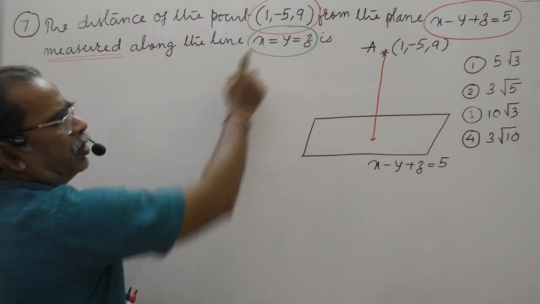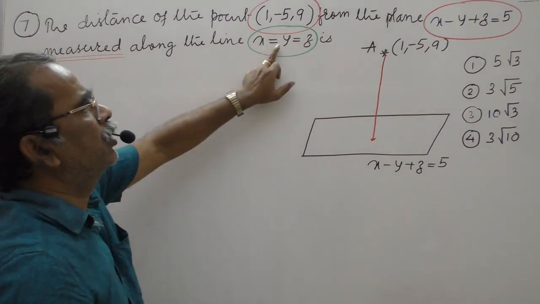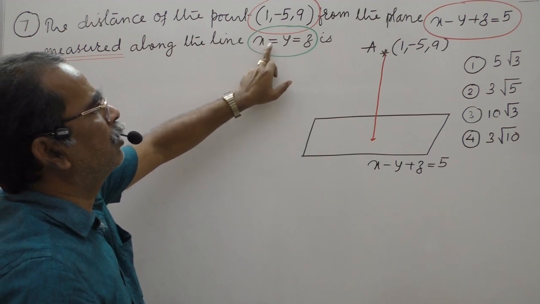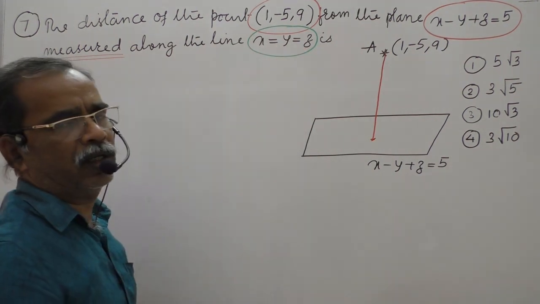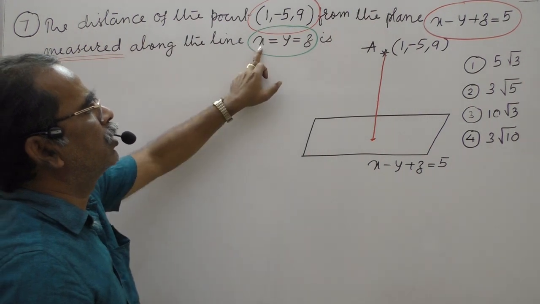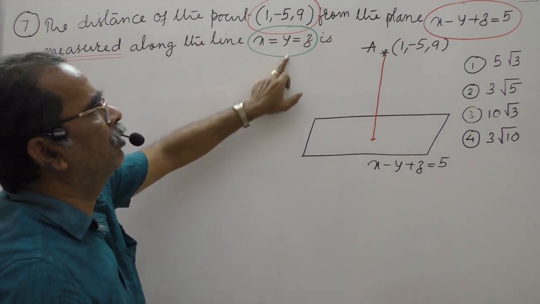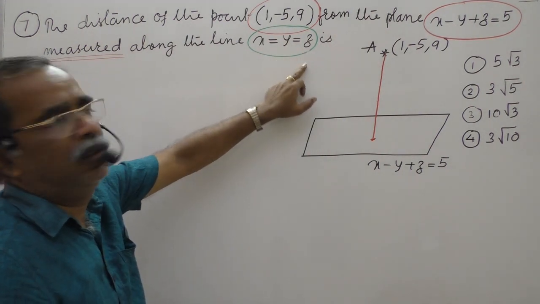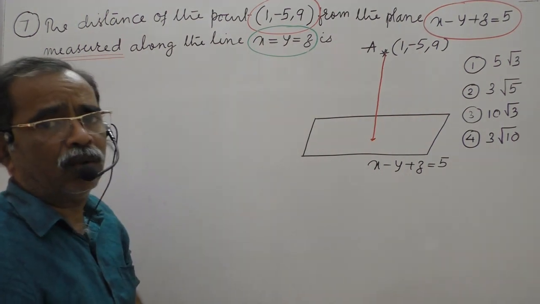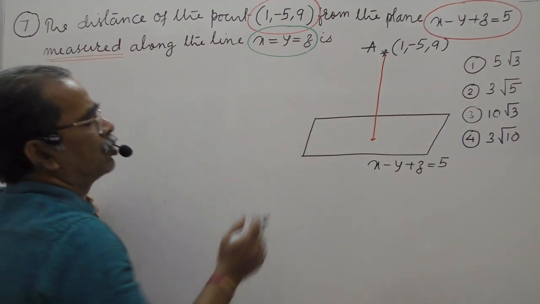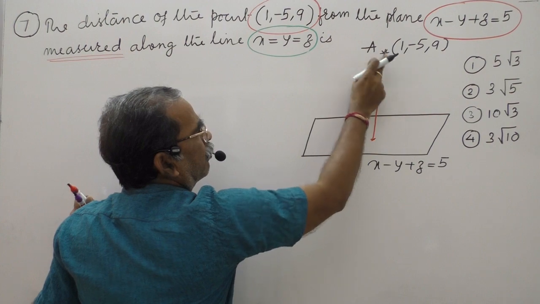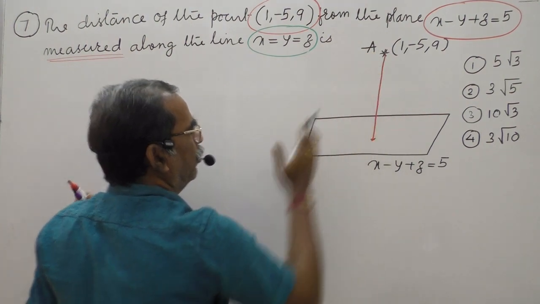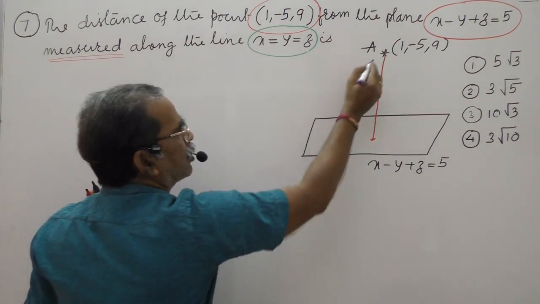What is this? It is a line. x equal to y equal to z is its equation. So its DRs are x by 1, y by 1, z by 1. Of course it is passing through the origin also.